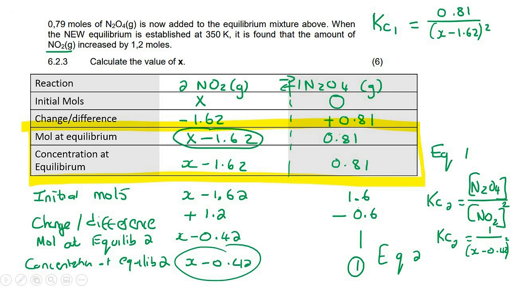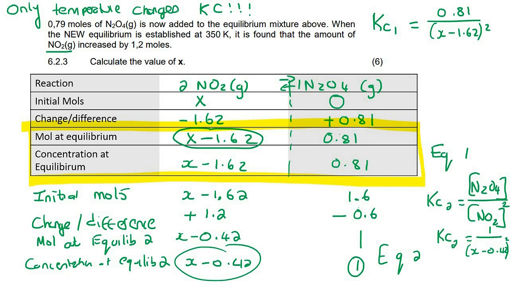Now here is the cracker that I think is just a little bit over the top. Can you remember what is the only thing that we can change in a system so that the value of Kc would change? I have told you this before, and I've mentioned it a few times. Temperature, or let's say only temperature changes Kc.